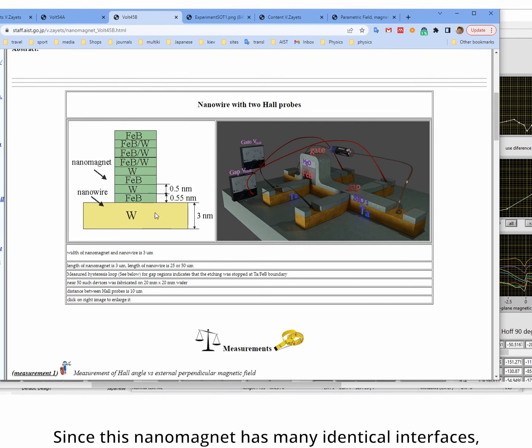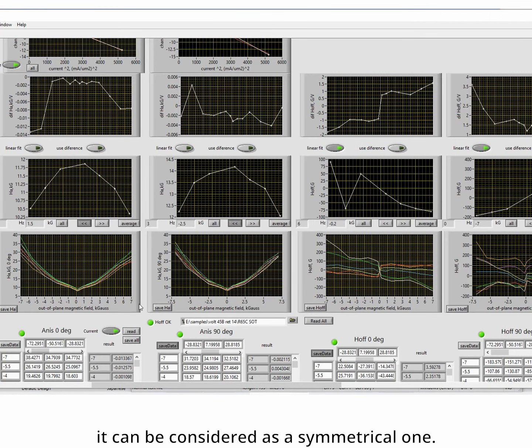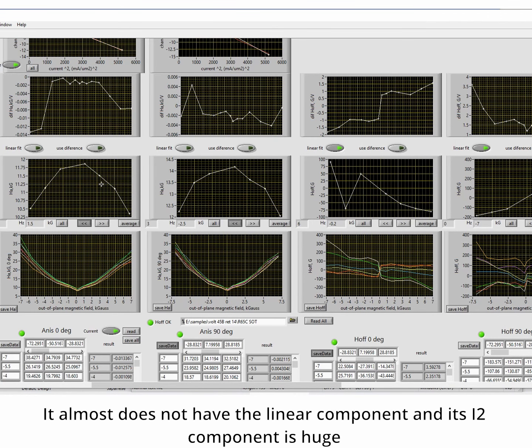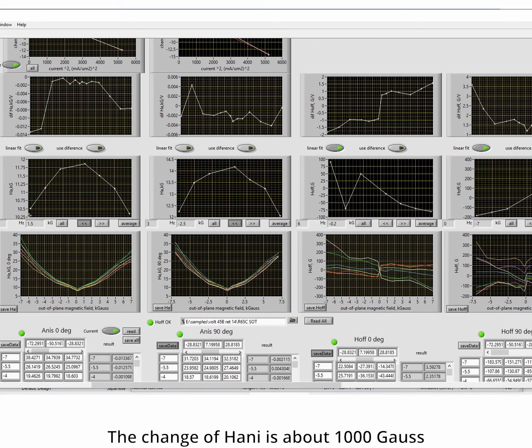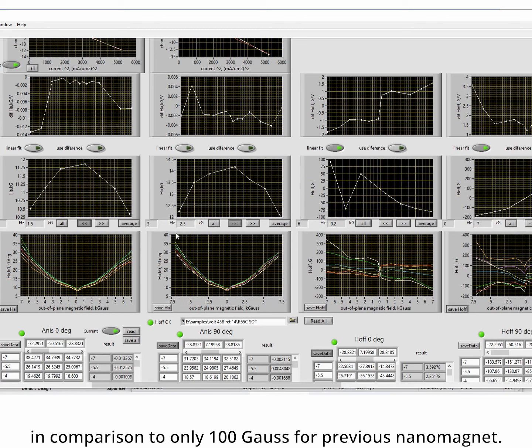Since this nanomagnet has many identical interfaces, it can be considered a symmetrical one. As a result, it does not have any linear component, and its current square component is huge. The change of anisotropy field is about 1000 Gauss in comparison to only 100 Gauss for the previous nanomagnet.